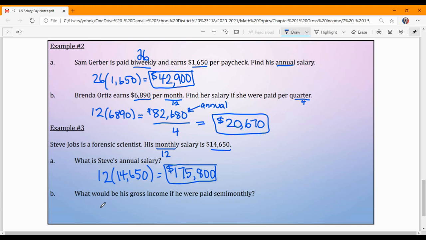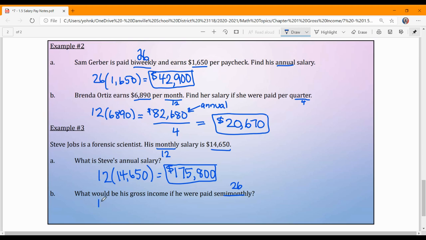So the next question, what would be his gross income if he were paid semi-monthly? So now I want to know what he would get if he was paid semi-monthly. Well, semi-monthly is 24 times a year.